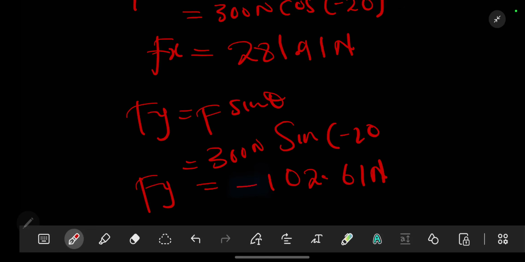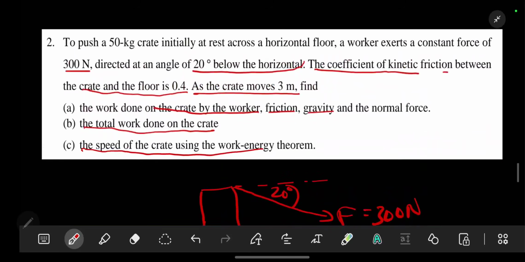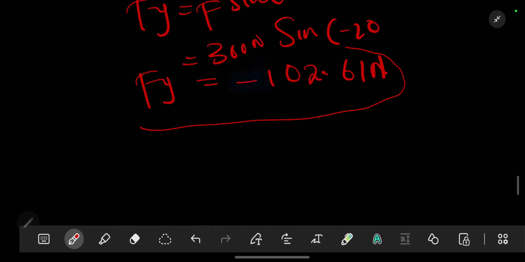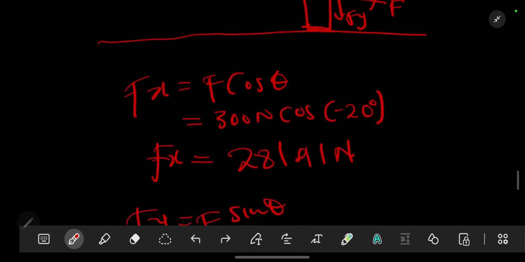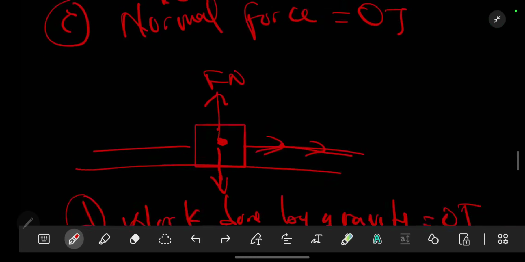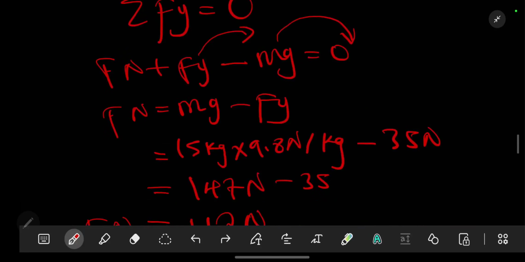Now it's very critical for you to be able to analyze. If you consider the negative value there, then that means when you use Newton's second law, you are still going to add. We said Fx plus Fy.